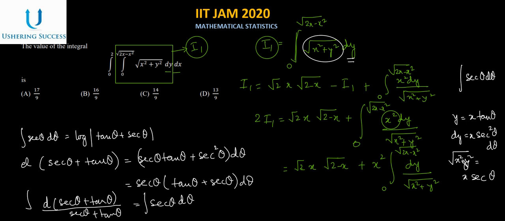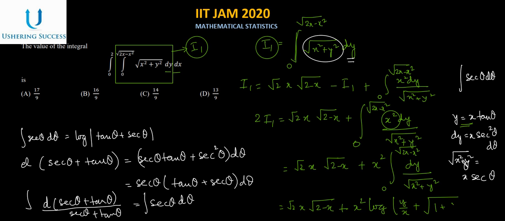So now, therefore we can write this as root 2 x root over 2 minus x plus x square log of, now what is sec theta here? Sec theta is, first we do tan theta. Tan theta is y by x. So log of y by x plus sec theta would be root over 1 plus tan square theta.